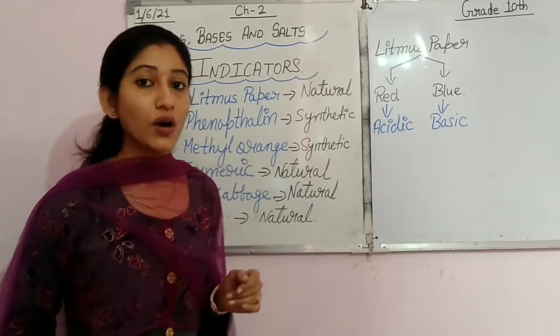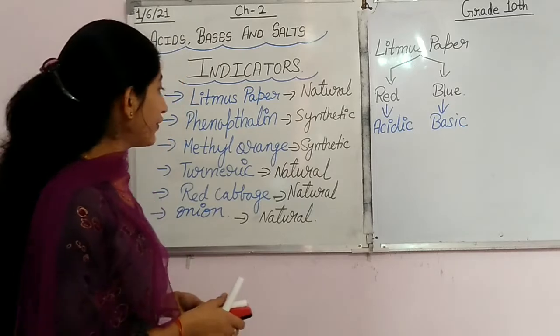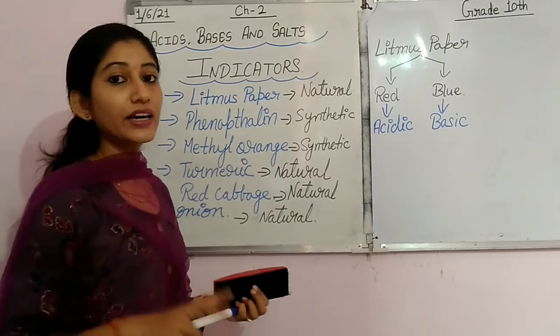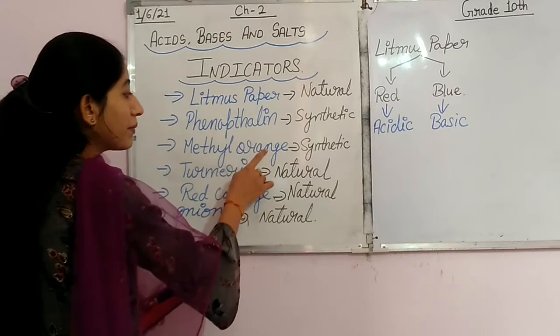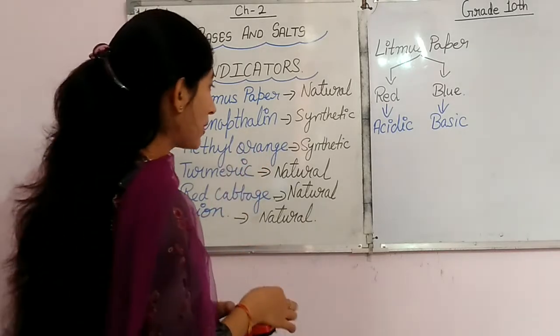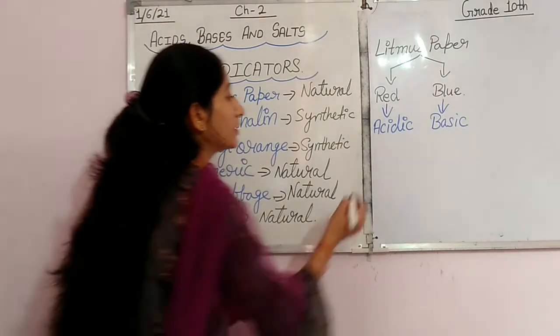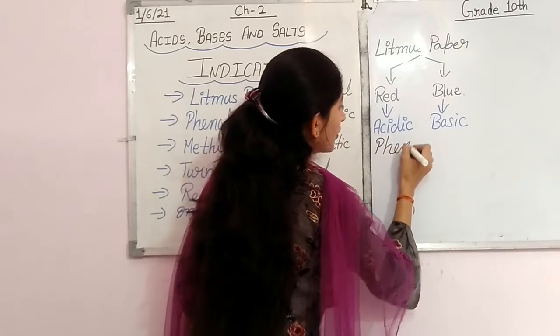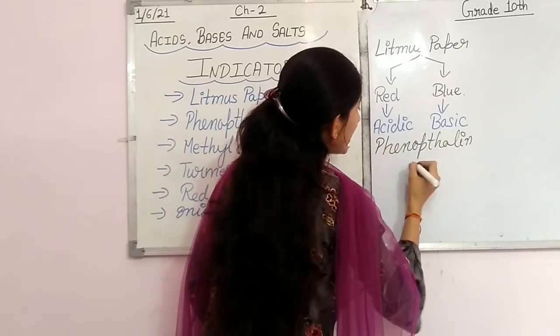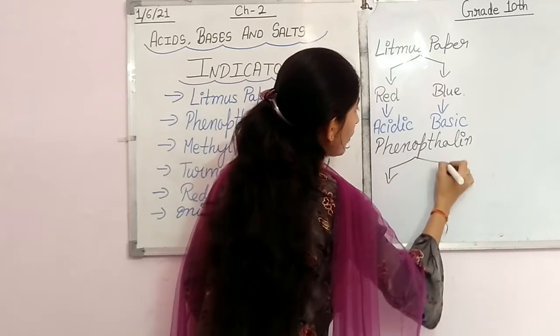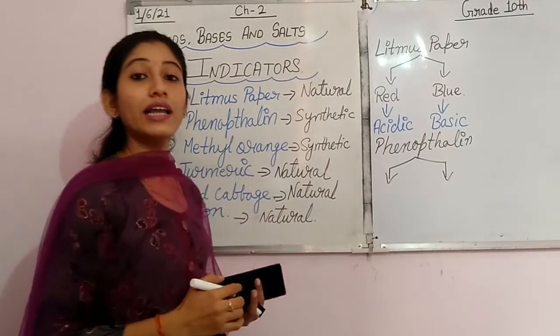Now, when we talk about phenolphthalein, another synthetic indicator, the two important ones that we take in the lab are phenolphthalein and methyl orange. So when we talk about phenolphthalein, in this, beta, for acids there is no color change.